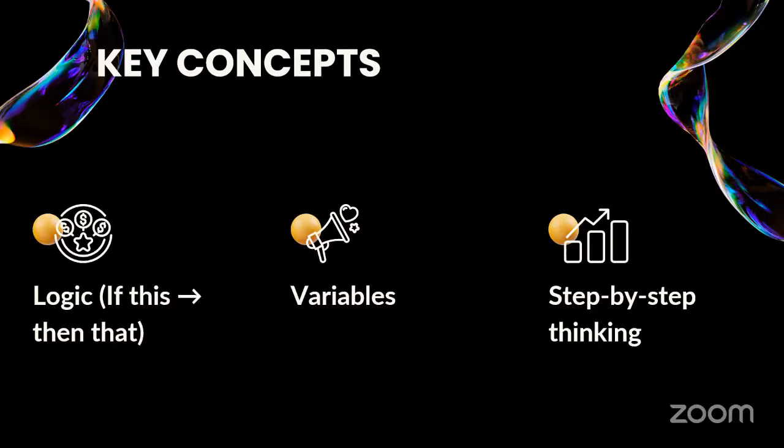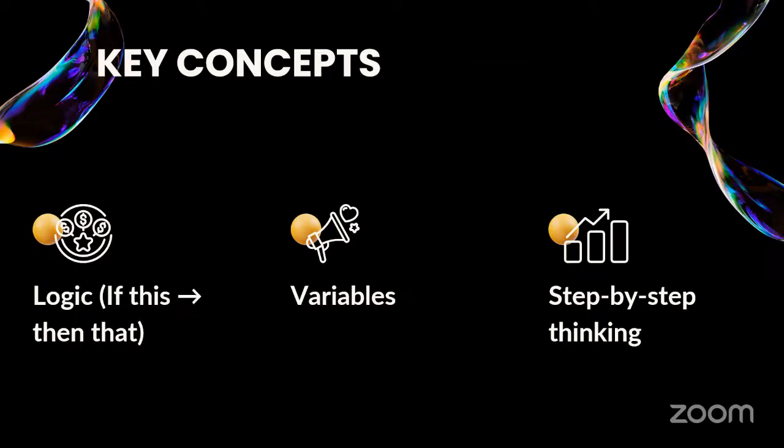If something happens, then we respond in a certain way. Variables, these are just pieces of information like file names, dates, all sorts of data that we are working with. And step-by-step thinking, which is breaking down the tasks into clear actions.